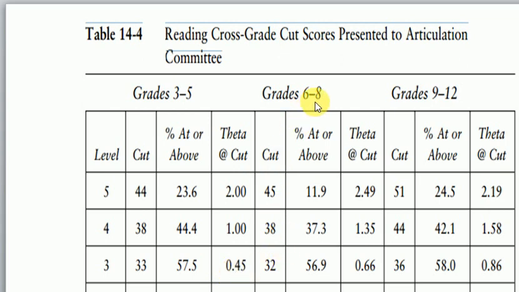And for grade 6 to 8, the cut score at level 3 is 32, percentage at or above is 56.9, and theta cut score is 0.66. And for grade 9 to 12, at level 3 the cut score is 36, percentage at or above is 58%, and theta cut is 0.68.